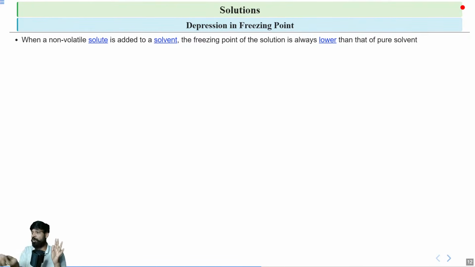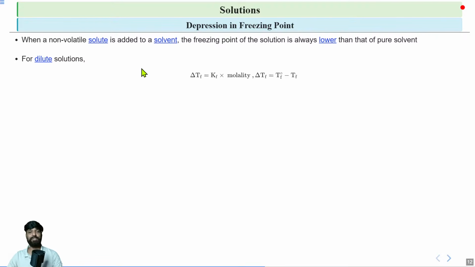But if you add a non-volatile solute into it, its freezing point will go even down. It can go to minus 1 degree Celsius or minus 2 degrees Celsius. So basically it will result in lowering. Okay, so this is the difference between both of them. In case of boiling point, the boiling point increases upon addition of a non-volatile solute, and in case of freezing point, the freezing point goes down on addition of your non-volatile solute.